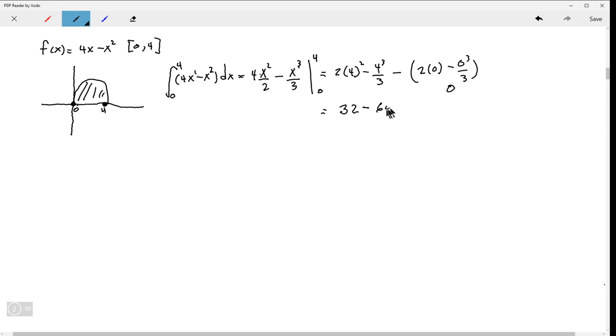So 64 over 3. So let's see, 32 times 3 would be 96. Minus 64 over 3, which is going to be 32 over 3, and that would be your answer.